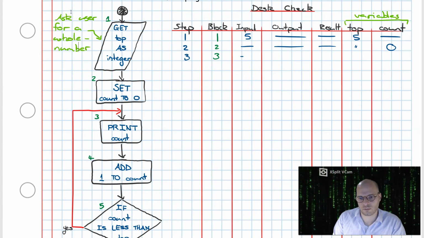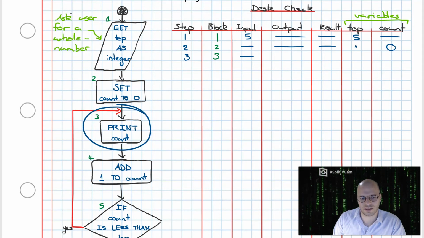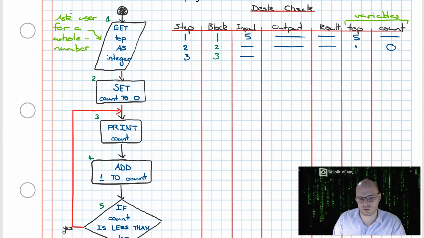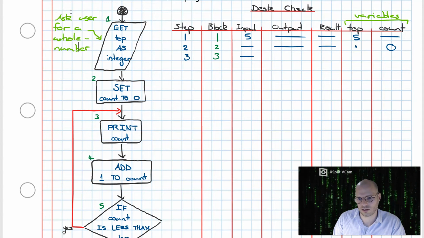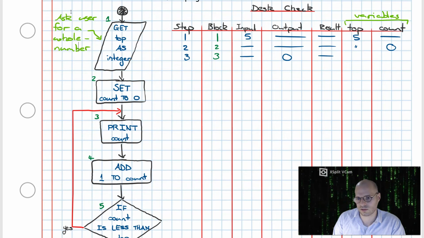Going into the program, we have nothing, but going out of the program, what this print instruction does is print a number to the screen. It's going to print the number inside of count, so we're going to go 0. The result, there's no question, so it's going to remain blank, and the values of top and count are unchanged.